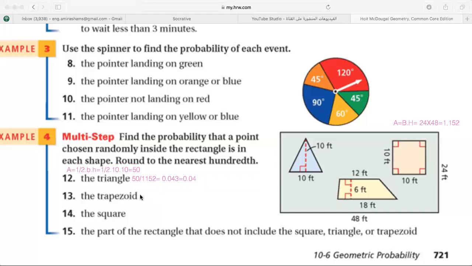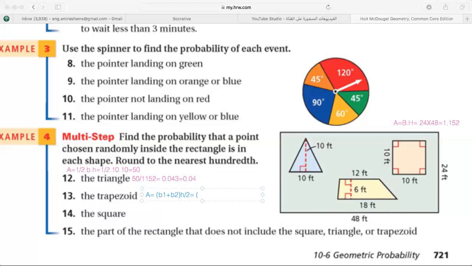The trapezoid. What is the area of the trapezoid? Area of the trapezoid is equal to base 1 plus base 2 multiplied by height all over 2. Base 1 here is 12, base 2 here is 18, and the height is 6.